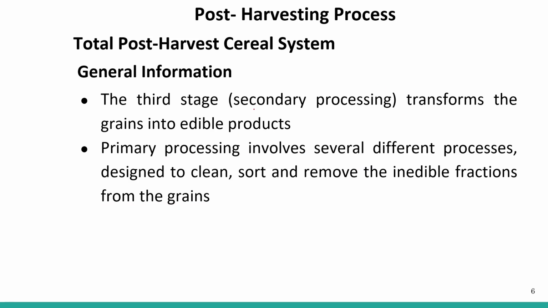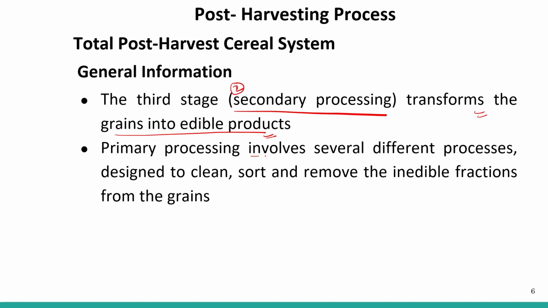The third stage, the secondary processing, transforms the grains into edible products. So primary processing is there: remove all the dirt and all the husk from it. And there is a third stage, the secondary processing, that transforms the grains into edible products.